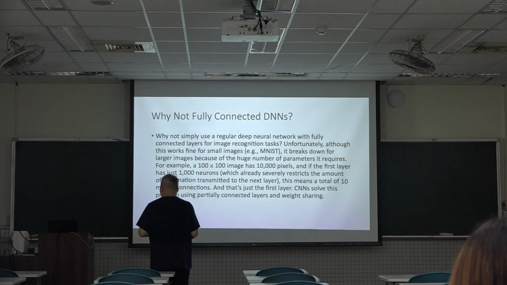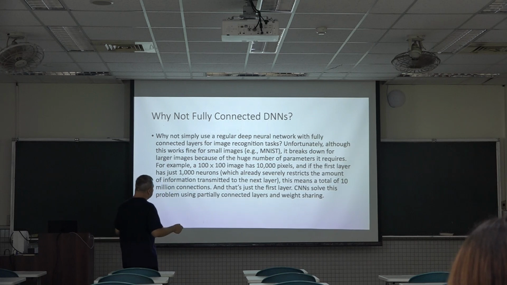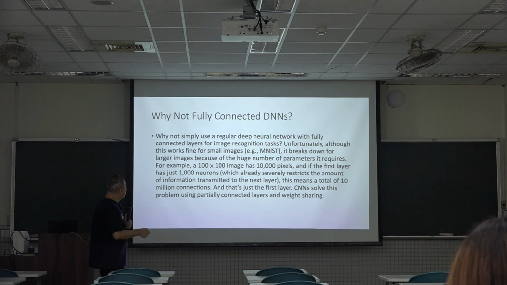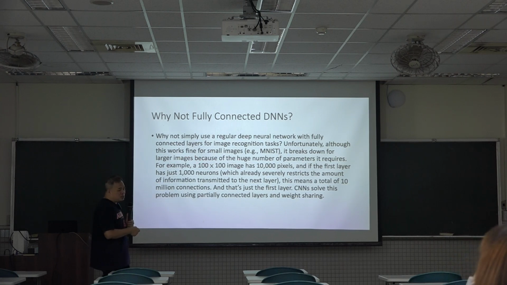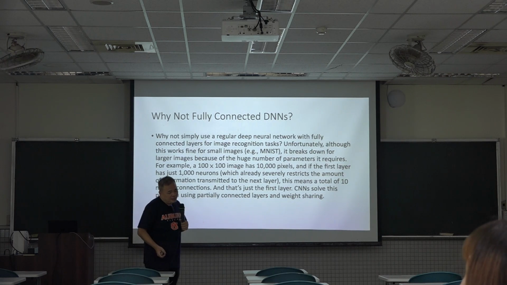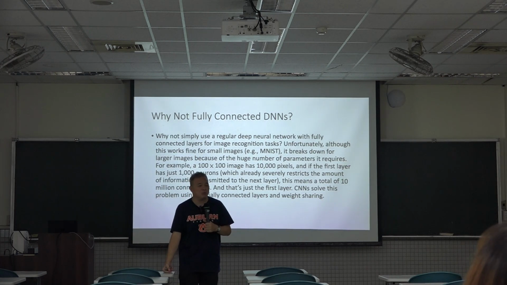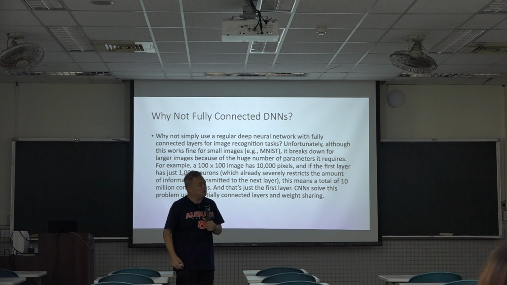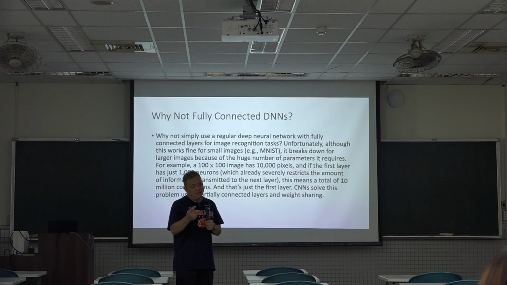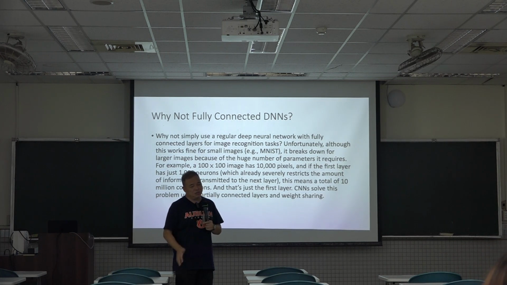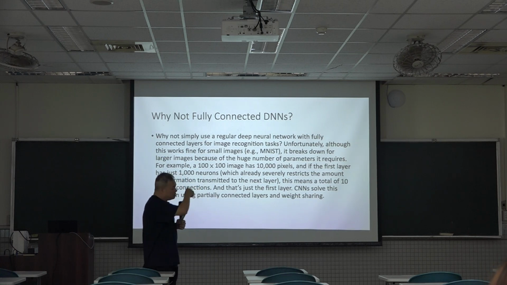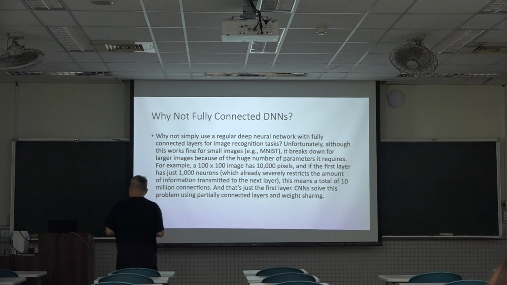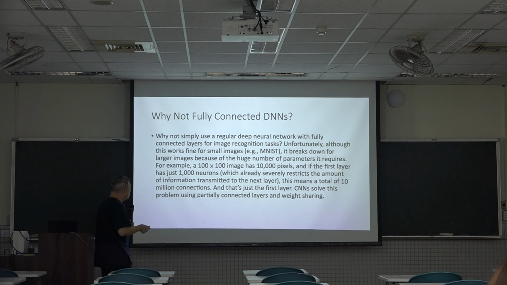But when the image size becomes large, such as a 100 times 100 image, which is actually a very small image, to be honest. Any image you get from your smartphone is going to have a much higher resolution than this 100 by 100.